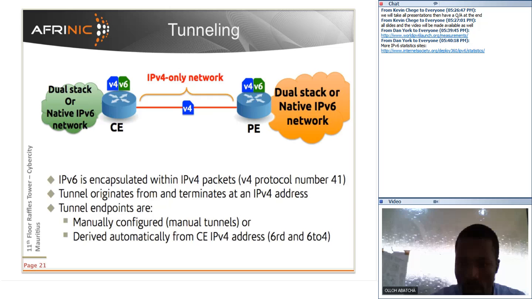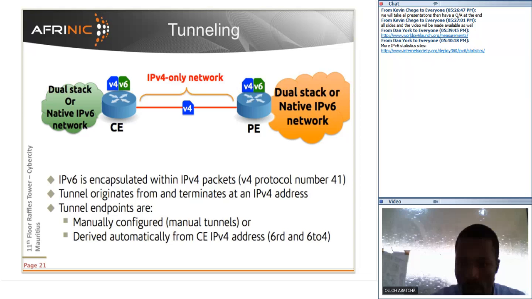The tunnel originates and terminates at an IPv4 address. So to create a tunnel, you need IPv4 addresses at both sides and IPv6 addresses to have that tunnel up there. Tunnel endpoints are manually configured for a manual tunnel, or automatically for tunnels like 6RD or 6to4. We're going to discuss this in a second.